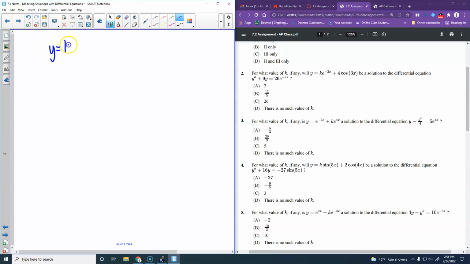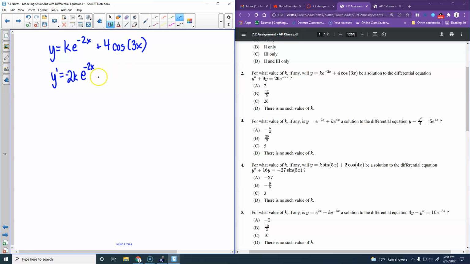So y is ke to the negative 2x plus 4 cosine of 3x. Y prime, e to the negative 2x is going to be e to the negative 2x. But you'll have to multiply out here by the negative 2. So you'll have negative 2 k e to the negative 2x.